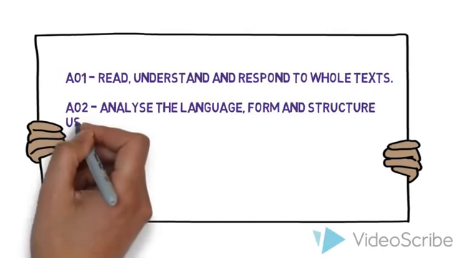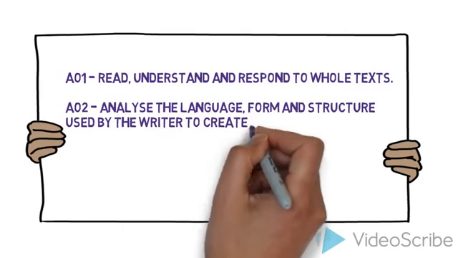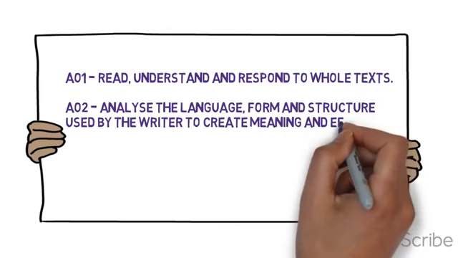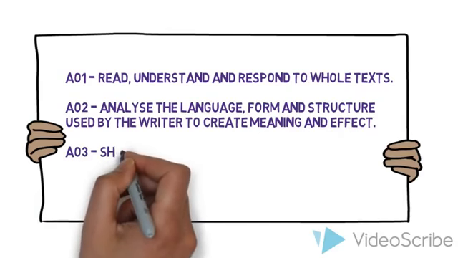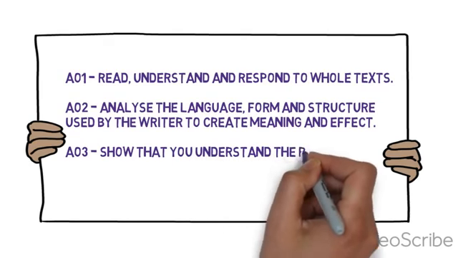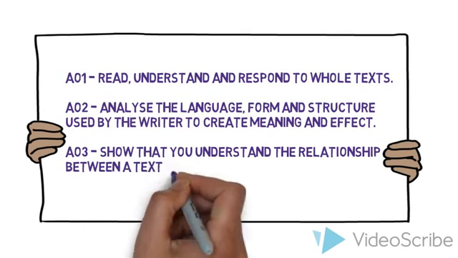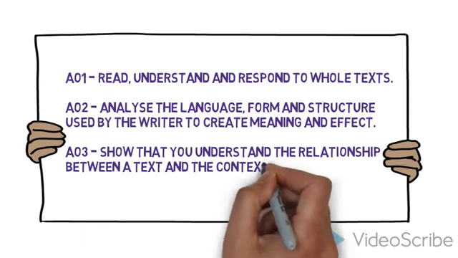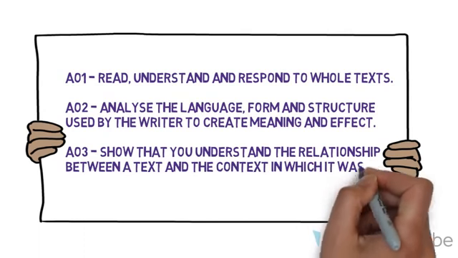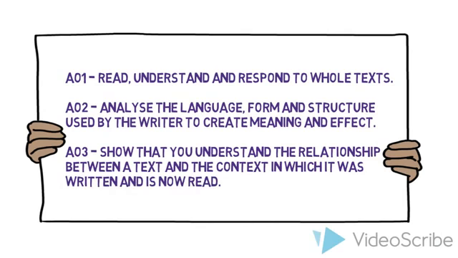Secondly, for AO2, you will need to show that you can analyse the language, form and structure used by a writer to create meaning and effect, using relevant subject terminology. And thirdly, for AO3, you will need to show that you can understand the relationship between the text and the context in which it was written and is now read.